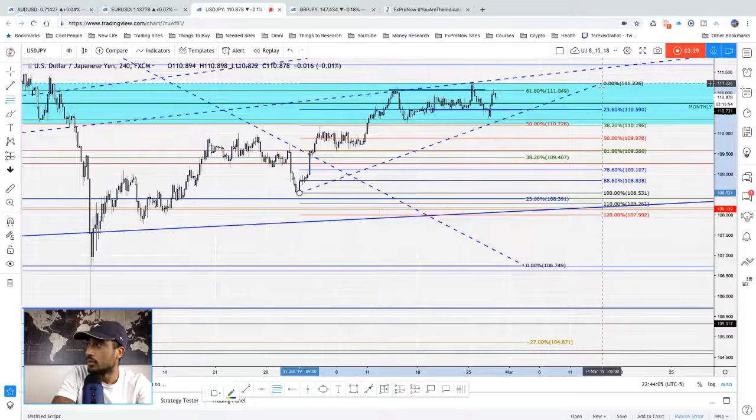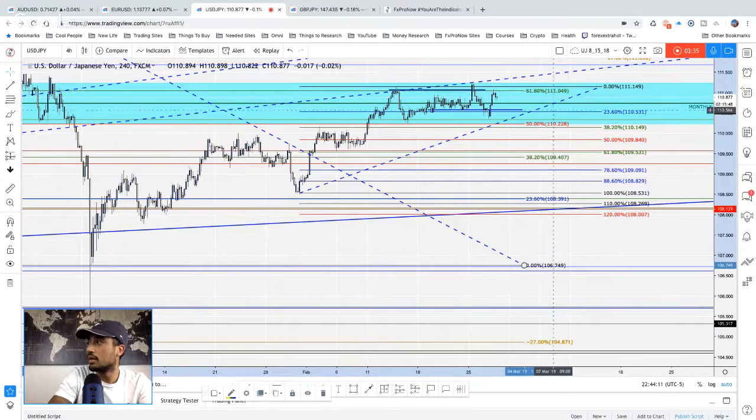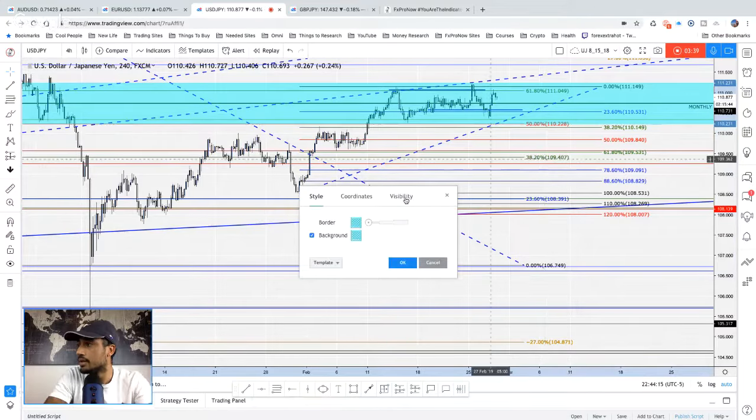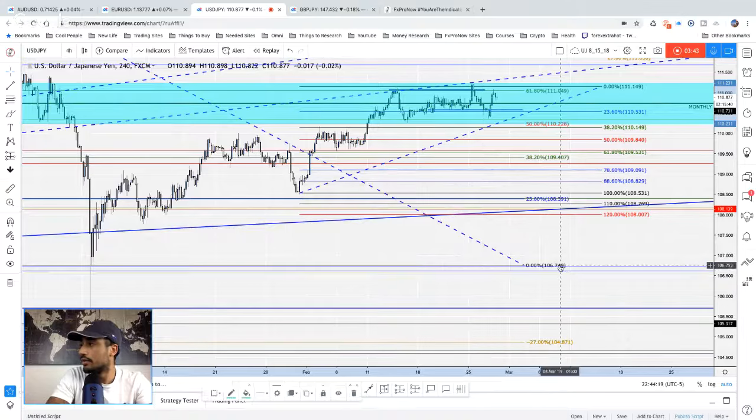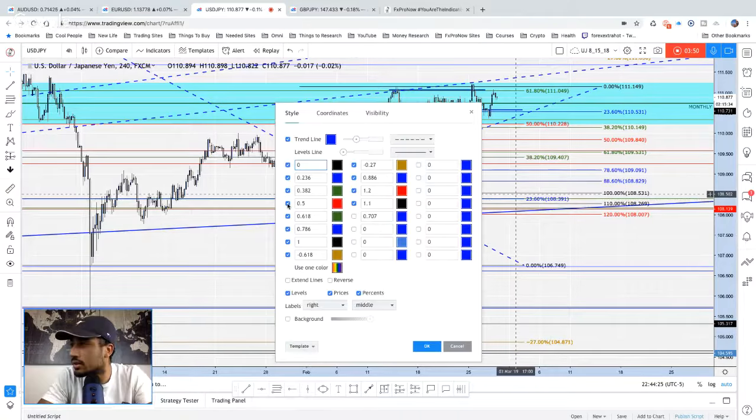What we see here, I'm going to put my fibs right there. I'm going to take off these fib numbers so that we can see straight through this.